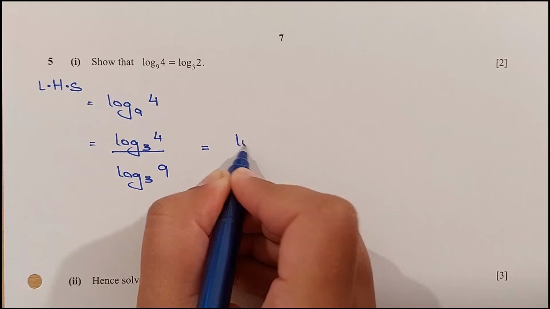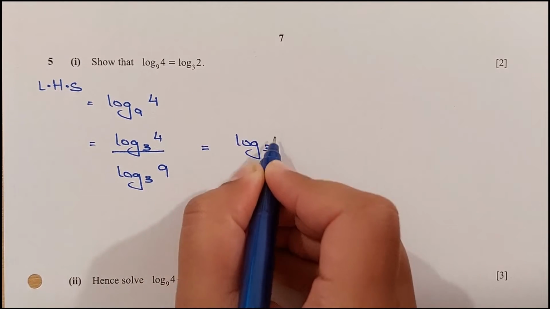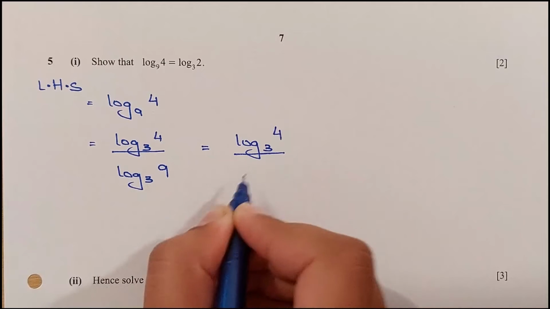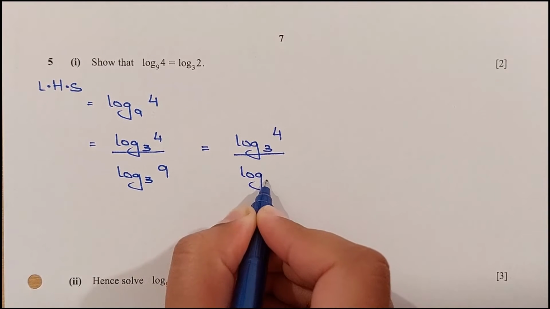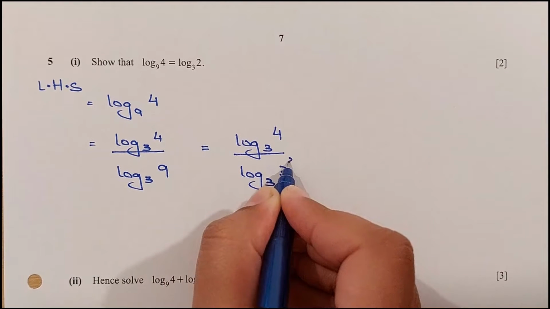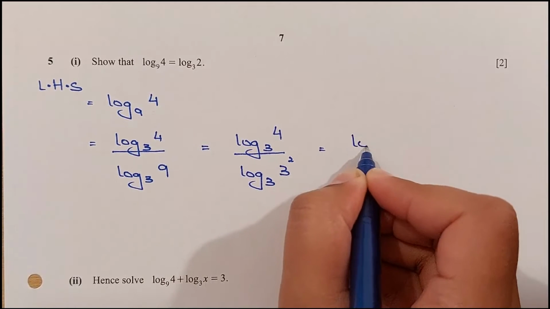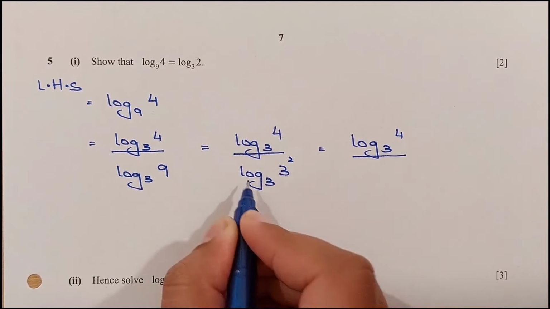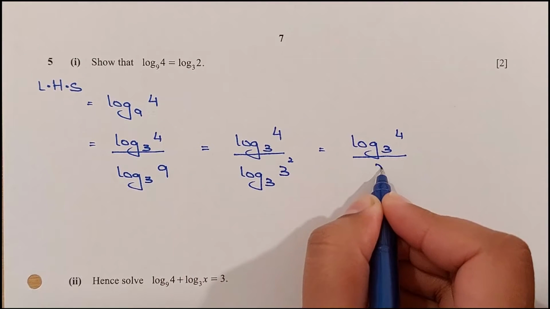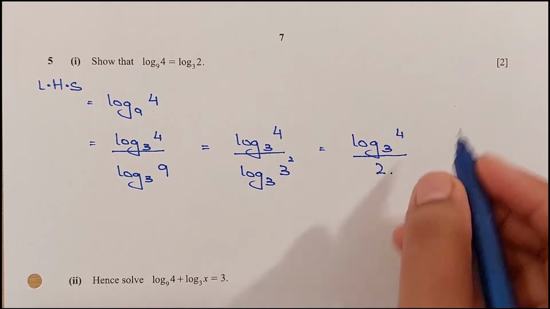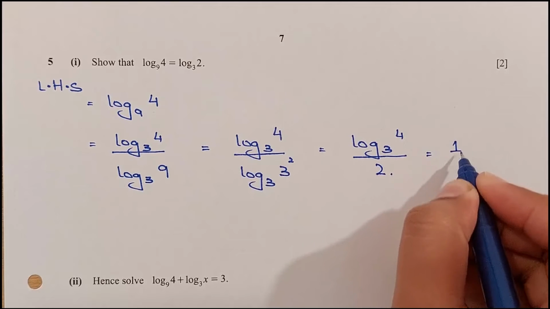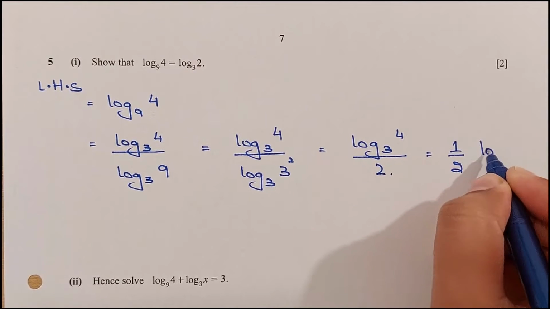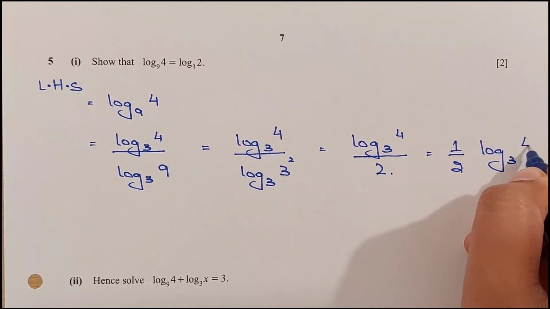This is log base 3 of 4 over log base 3 of 3 squared, which is 9. This is log base 3 of 4 over 2 times log base 3 of 3, which is 1, so the denominator is just 2. So this is basically equal to 1 by 2 log base 3 of 4.